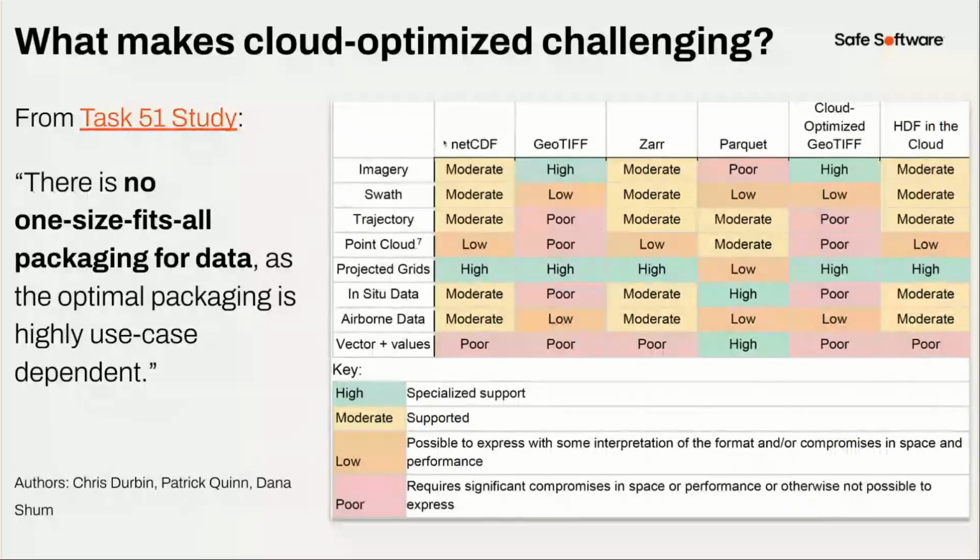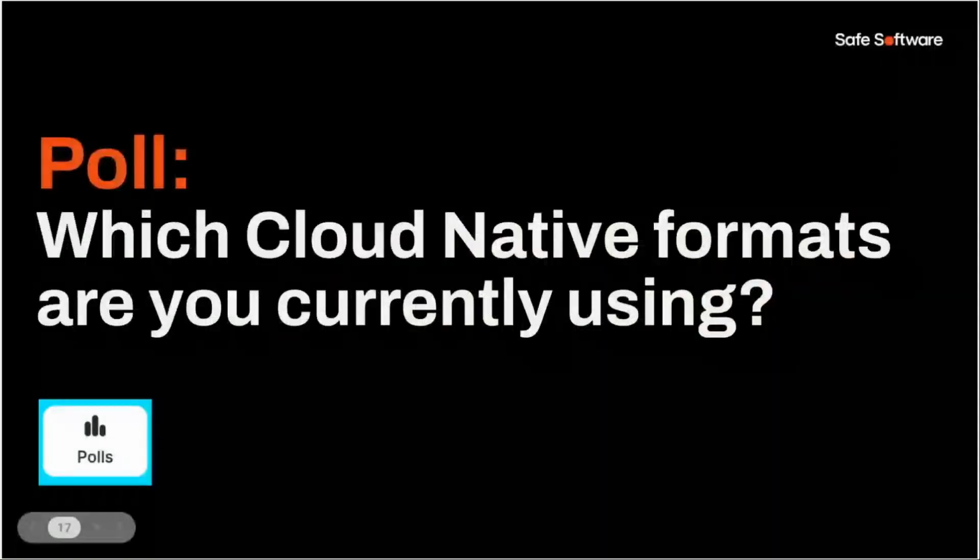And then on the columns, there are lists of the types of data formats that work best with that data. And so as you can see, we range from high in the green of, hey, this is a great fit for this data, all the way to poor in the red of, this does not work well for this data at all, not recommended, and everywhere in between. And so depending on what type of data you're working with, the format that you'd want to use differs. So there's not one size fits all with that data.